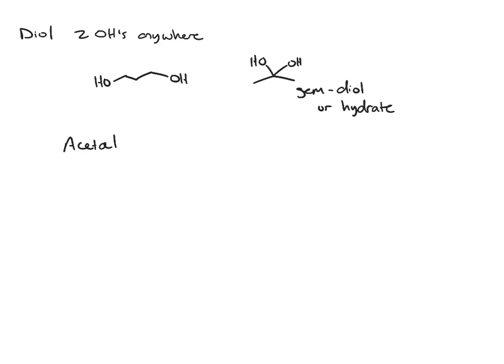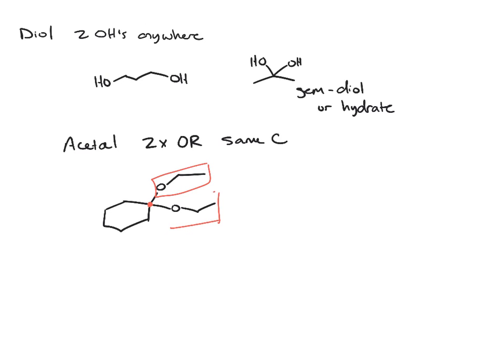So the acetal, there's no OHs, just two OR groups on the same carbon. Something like this. So here's the carbon with one OR group, a second OR group. And then a hemiacetal, the things are on the same carbon, but one's an OR, one's an OH.